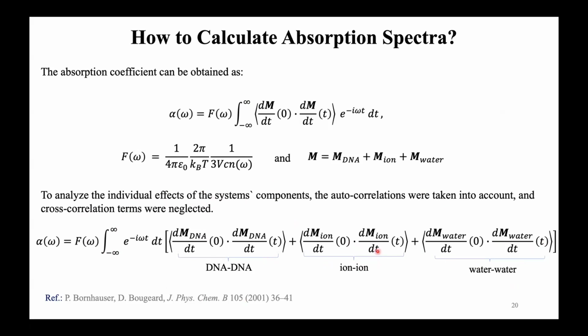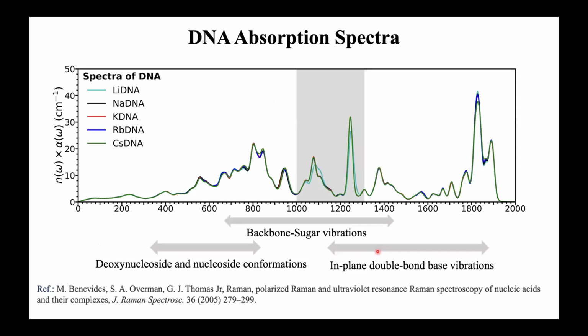That is, we computed the spectral contribution from each subsystem independently, and the cross-correlation terms were neglected. This simplification enables a clear interpretation of the distinct vibrational features of the water, ions, and DNA.